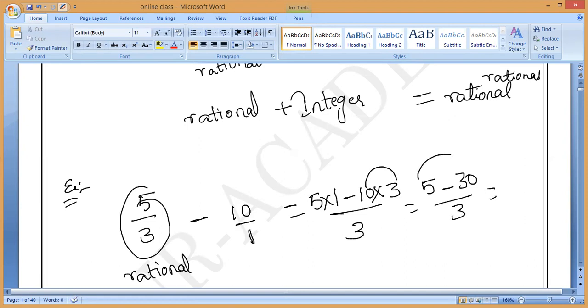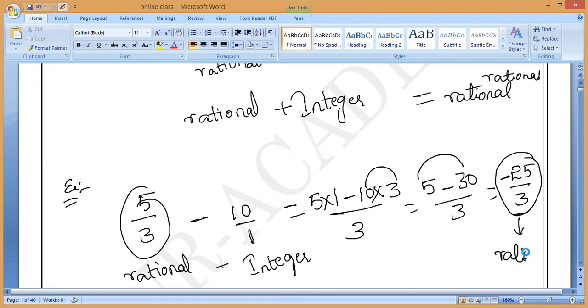So 5 minus 30, what is the answer? Minus 25 by 3. Is it a rational or irrational number? Rational number, correct? It is in the form of P by Q. So it means a rational number minus any integer will become a rational number, not irrational. Do you understand this one?